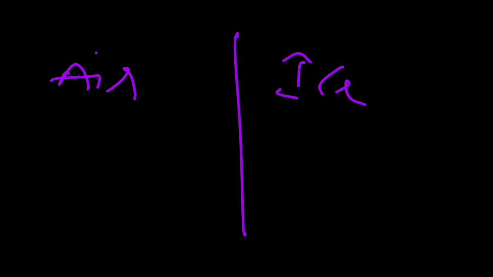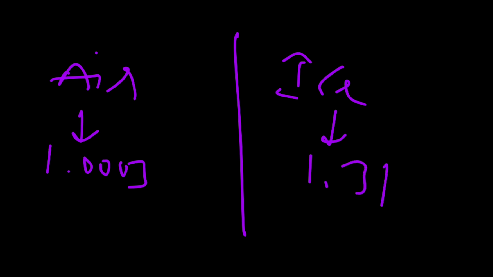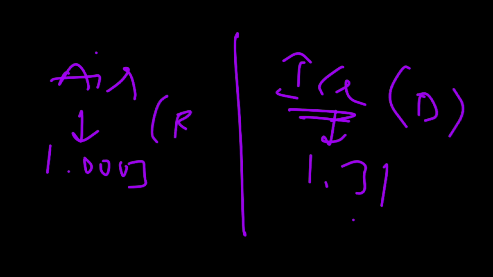So let's consider two more. Let's say I have air and ice. Let's compare these two values. Air refractive index value is 1.003 and ice refractive index is 1.31. Now tell me which is greater. Yes, ice refractive index value is greater, so ice becomes a denser medium now, and air becomes a rarer medium.